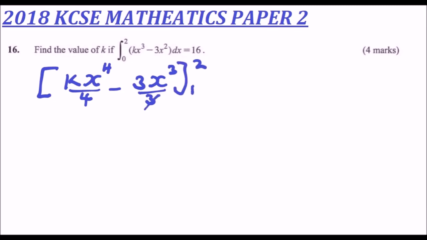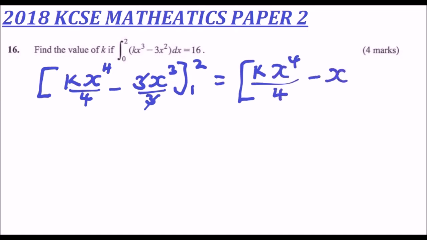Of course, this will disappear. 3 divided by 3 is 1. So you end up with the bracket kx^4 divided by 4 minus x^3, with the limits 2 to 0. So that is what we have.